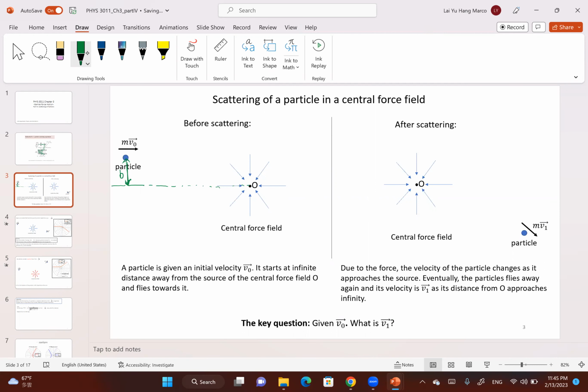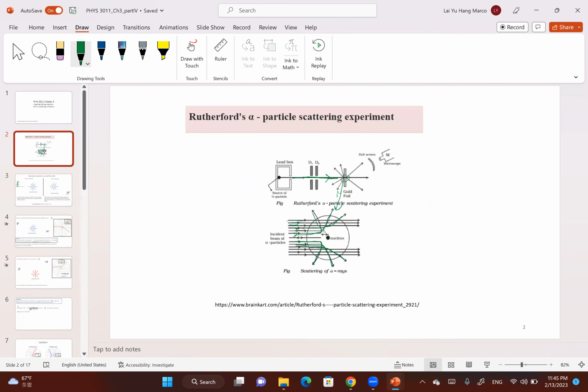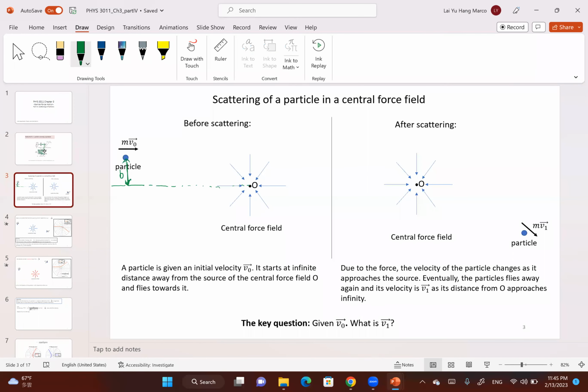As it flies towards the central force field, one thing different here compared to the Rutherford experiment is that now I have an attractive central force field. I'll also consider the case of a repulsive central force field, but let me talk about the attractive one first.